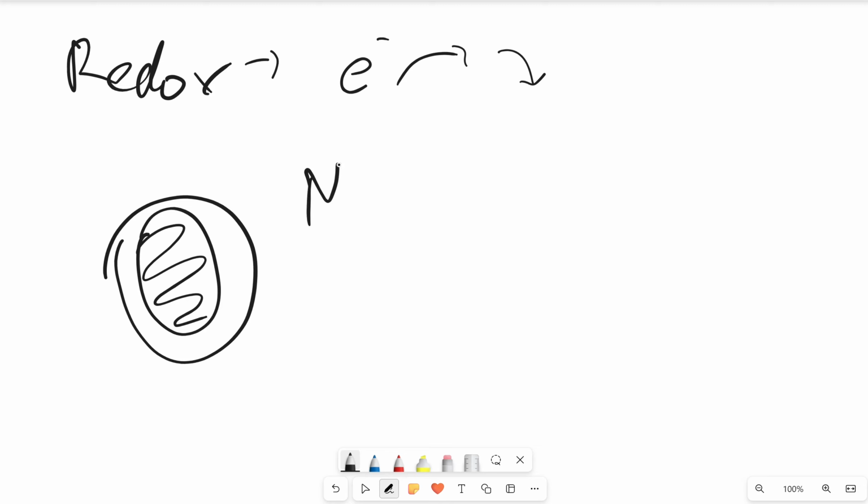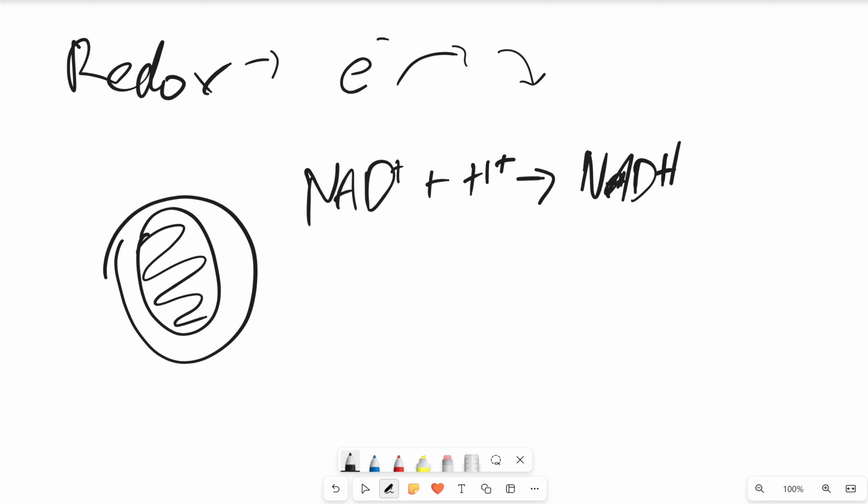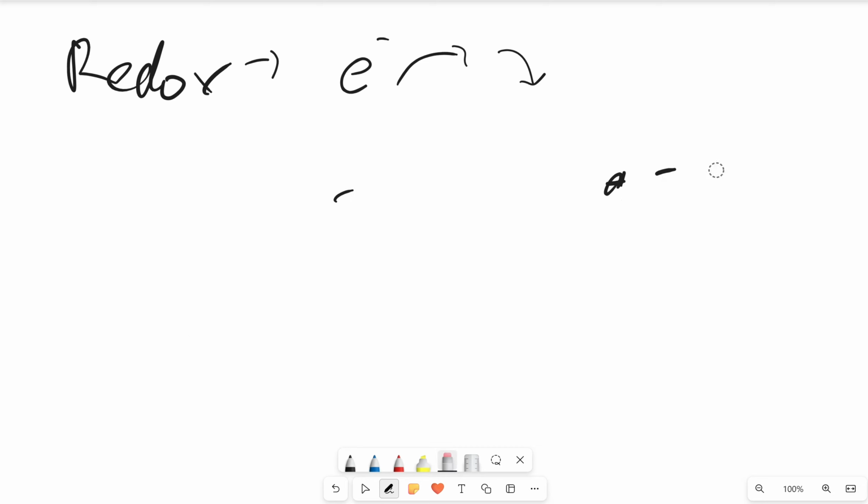In my mitochondria, we're going to basically have some redox equations, right? NADH plus H plus becomes NADH, right? Or sometimes, we can also use it to extract metals from ore. Basically, redox is necessary for life. So let's learn a little bit more about it.